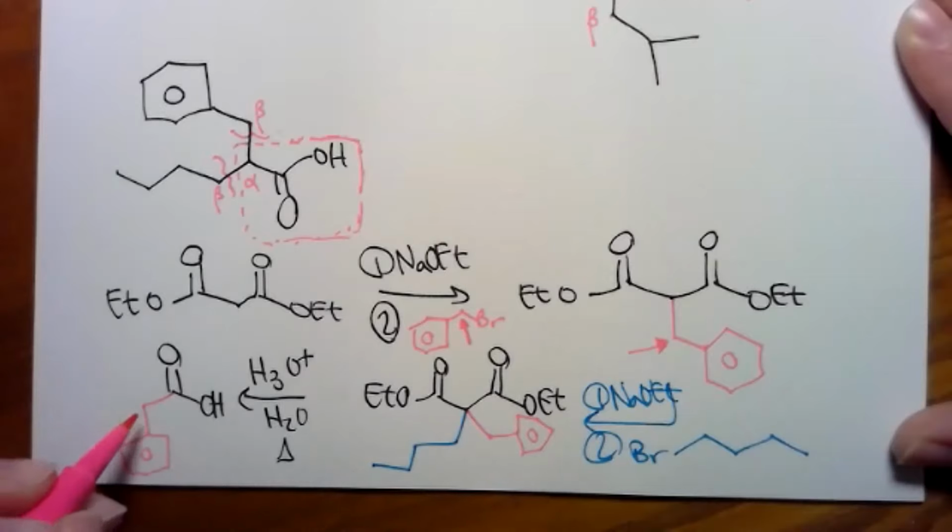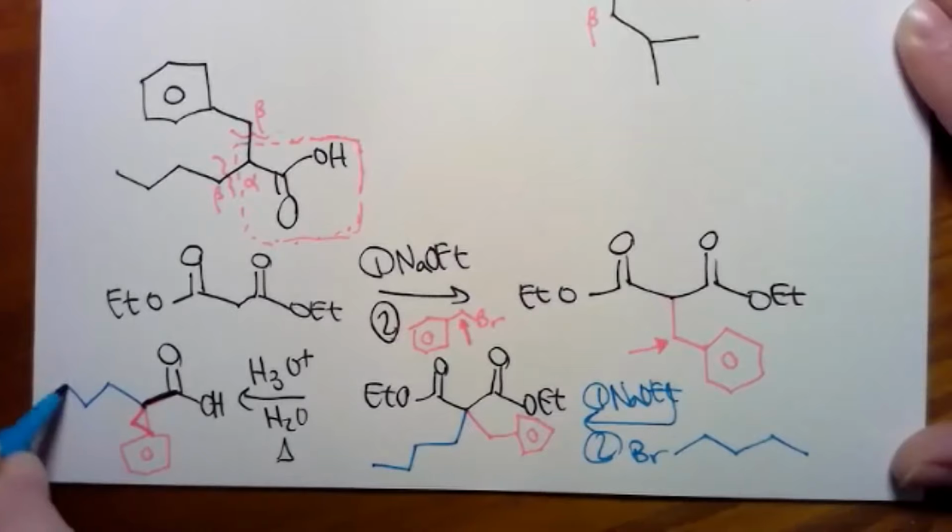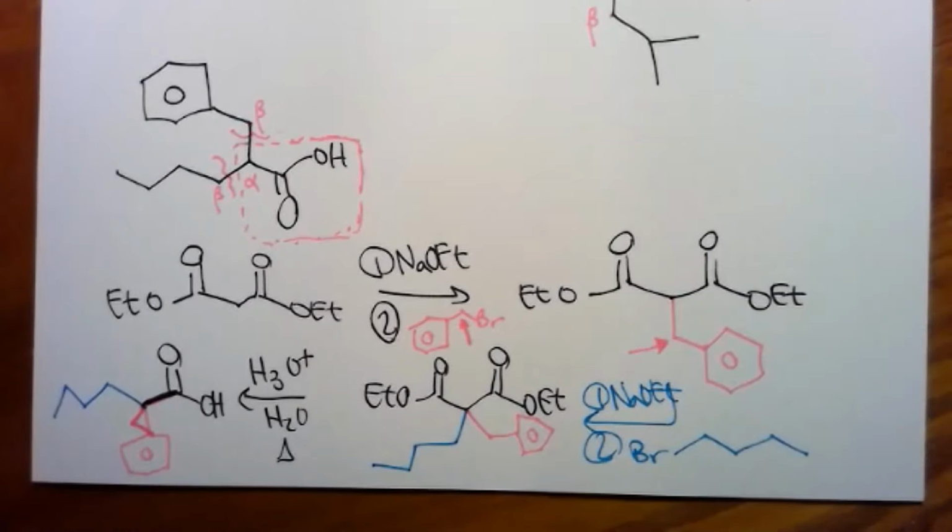Oops, I left off a carbon. That's what I get for trying to talk and draw at the same time. Acid, water, heat takes care of turning the esters into acids and leaving you a neutral product. And because you're heating, you can decarboxylate all in one fell swoop. There you go. Malonic ester synthesis.